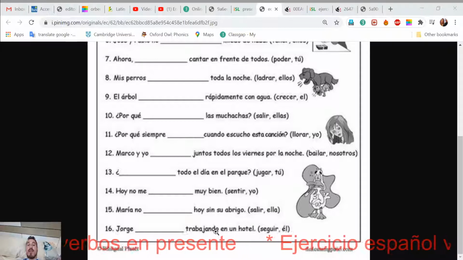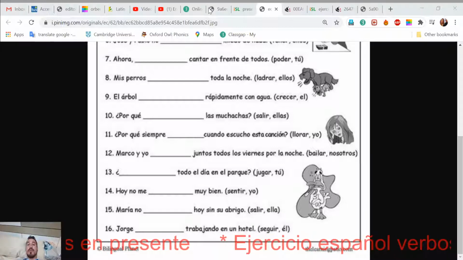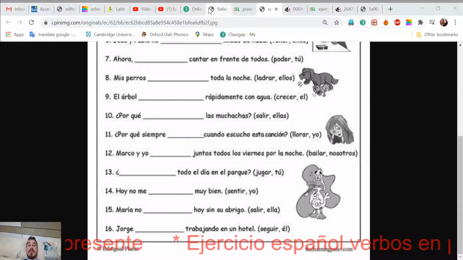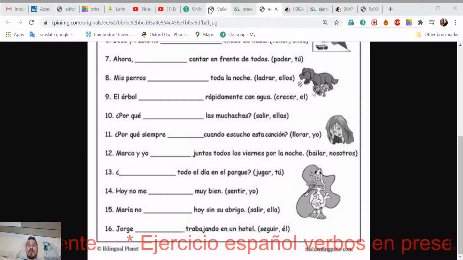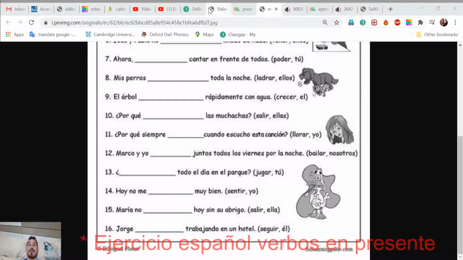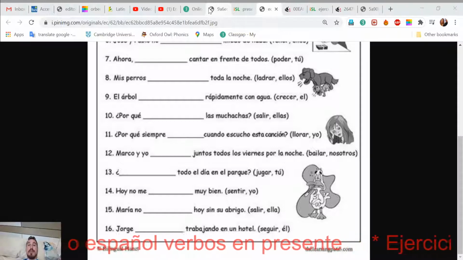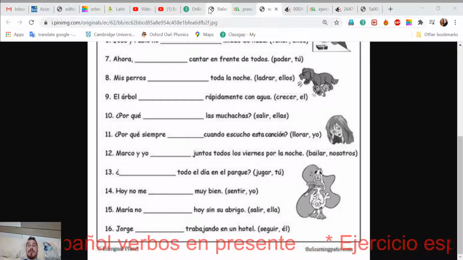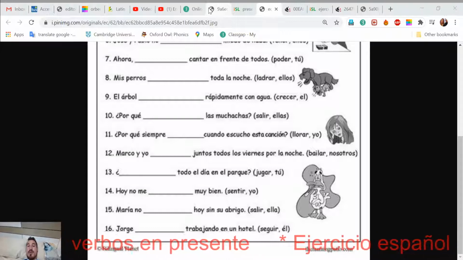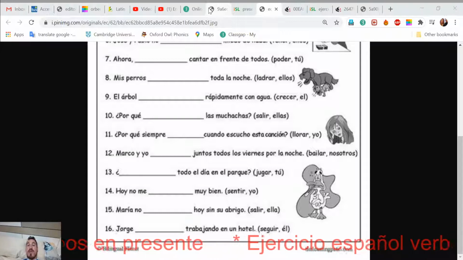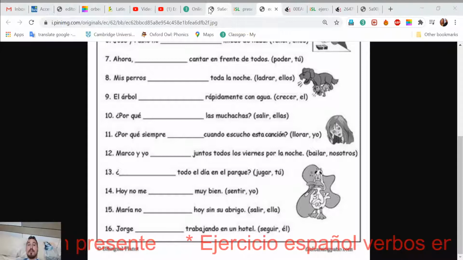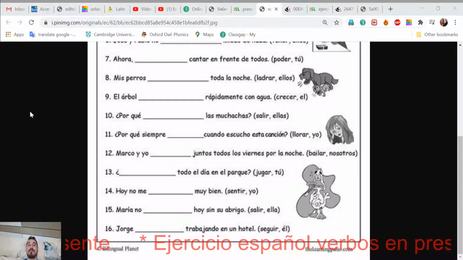Like here we have trabajando. Of course, if you remember, this comes from trabajar. So trabajar, trabajando. Vivir, viviendo. For example, comer, comiendo. So this is how we form gerunds or ing in English.